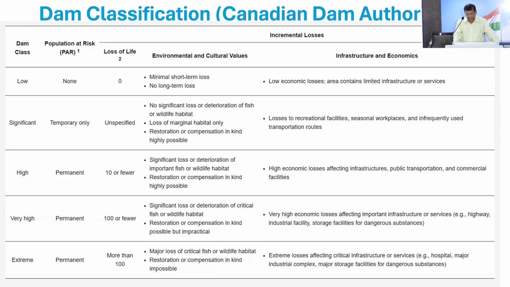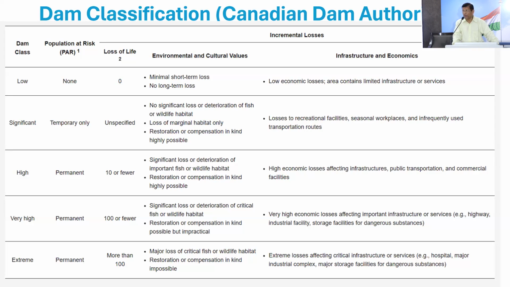High economic losses, again loss to public transportation and commercial facilities. Then very high: this number goes from 10 to 100. Again, significant loss. Restoration is not possible here. Very high economic loss, affecting important infrastructure services like highways, industrial facilities, storage facilities, and all those things.